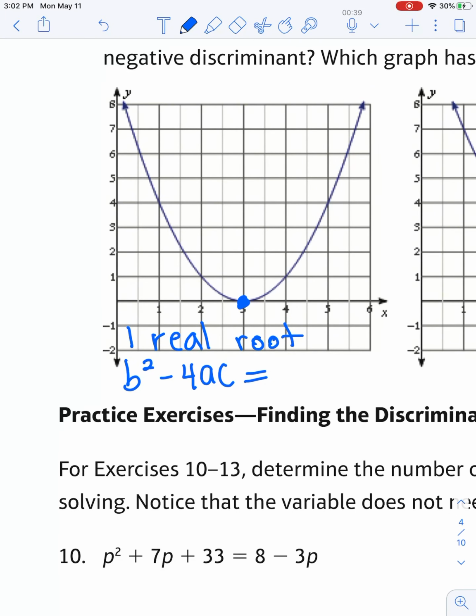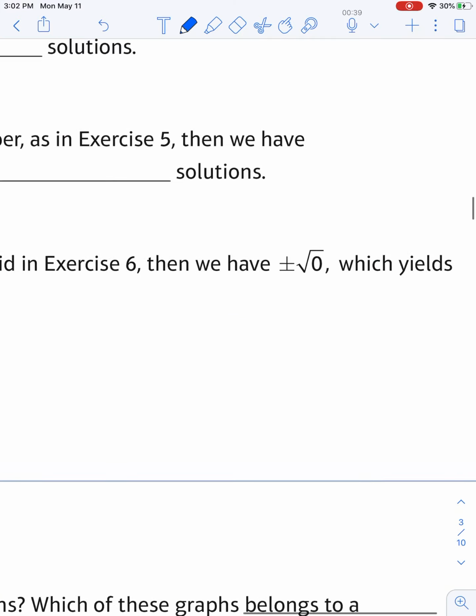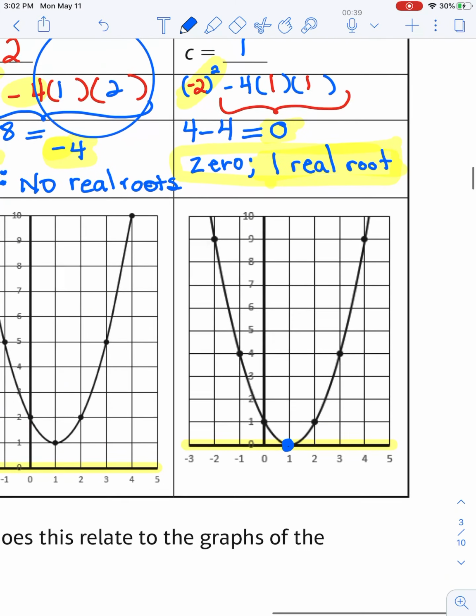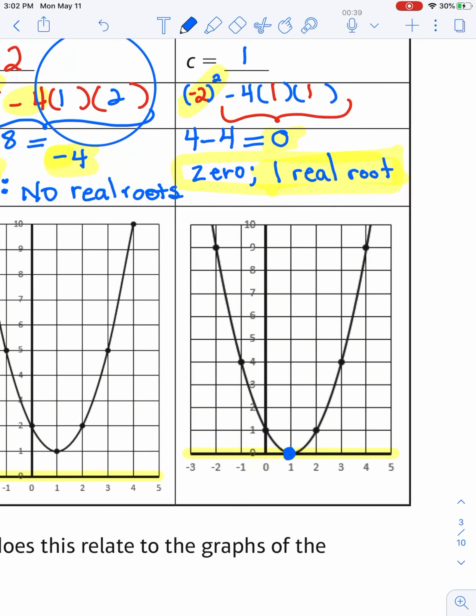Would it be a positive? Would it be a 0? Because it's one real root, if you look back over here, one real root means that I would simplify b squared minus 4ac and get a 0.